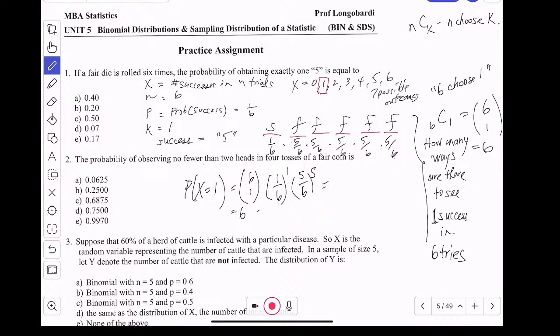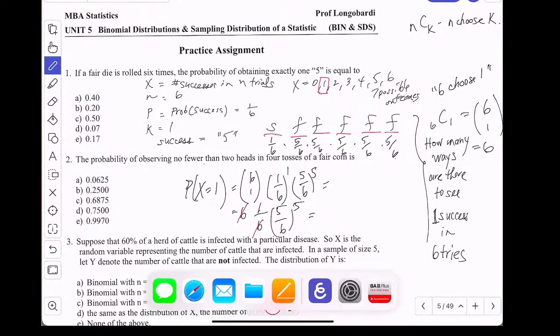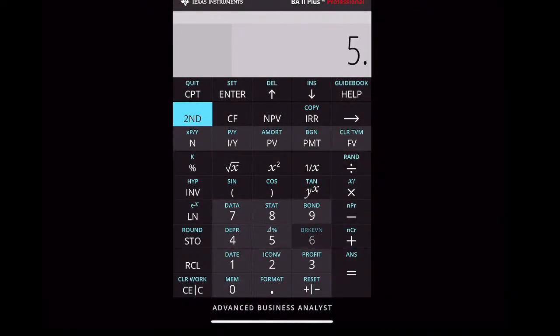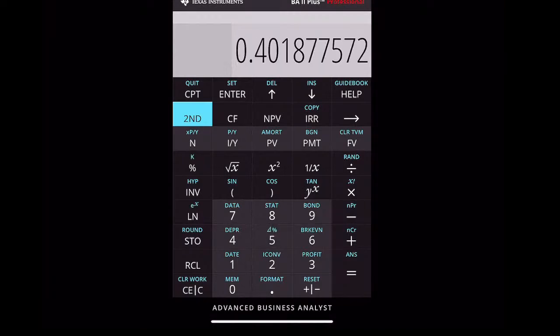And this is 1 out of 6, so these cancel. And so this is just going to be 5 out of 6 to the power 5. And that's it. 5 divided by 6 to the power 5. 0.4019.